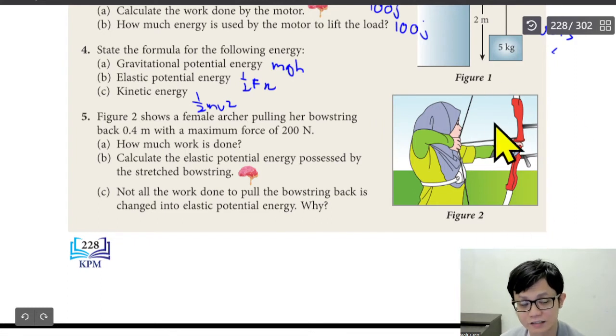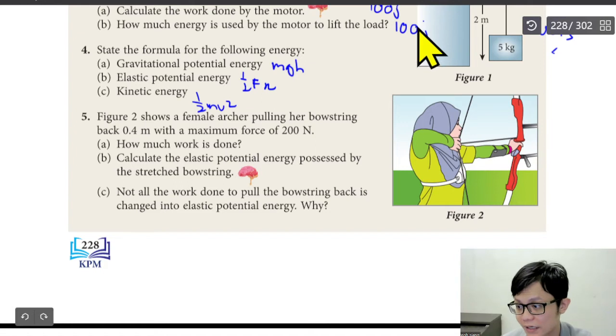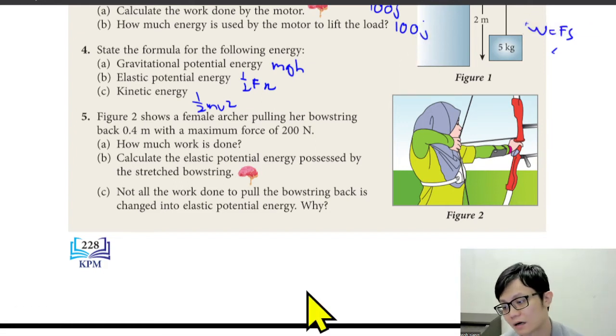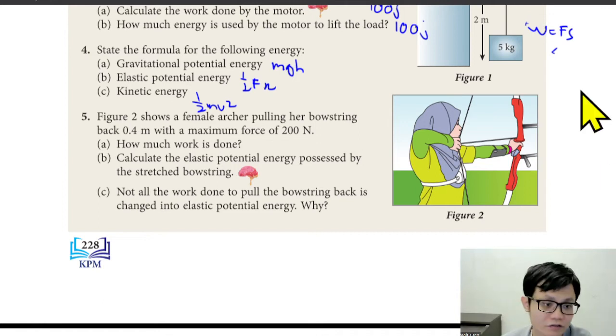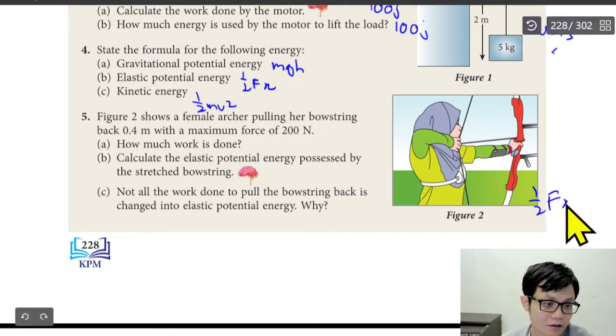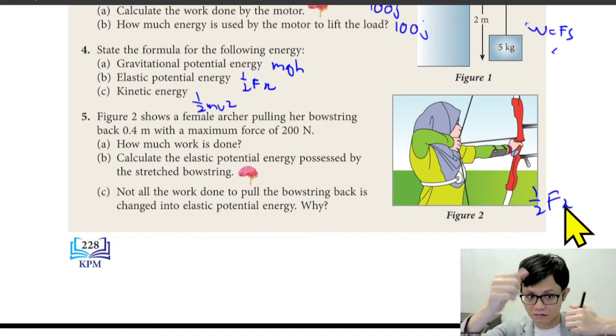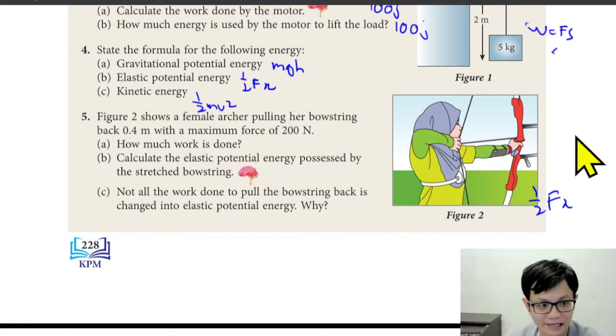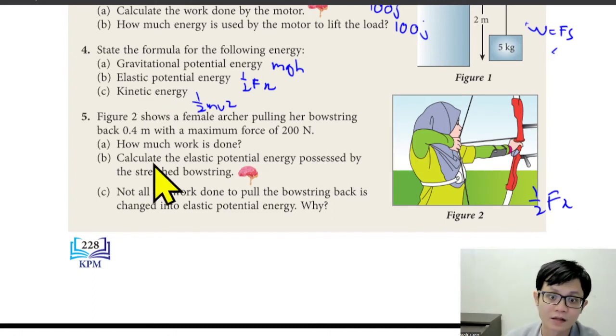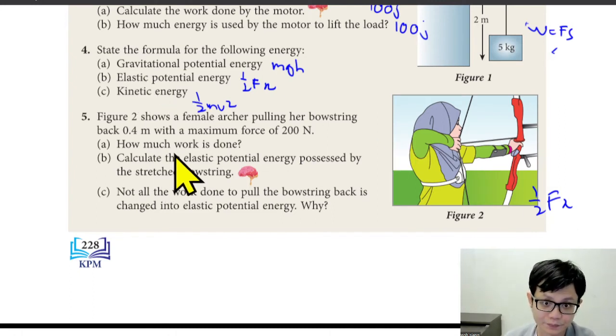So when I look at this formula, I think roughly we need to use half Fx, because you are using the stretching spring formula, half Fx. You should be able to do this already. How much work is done?